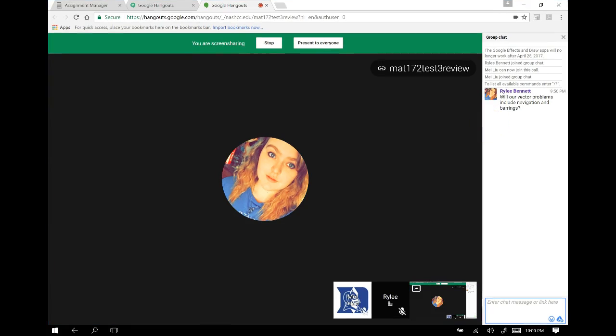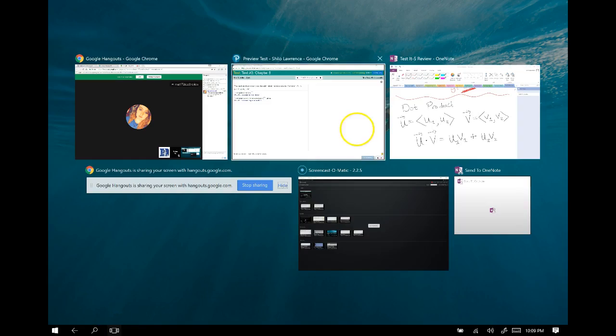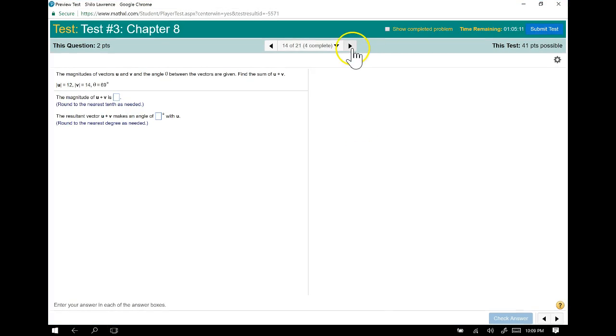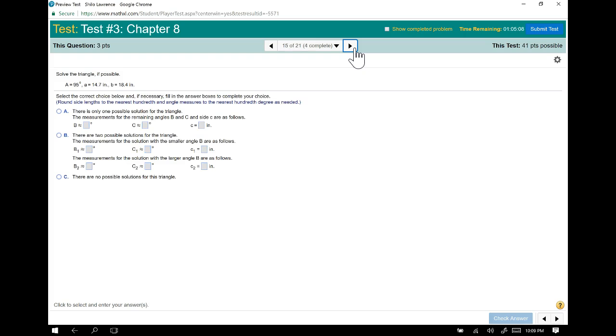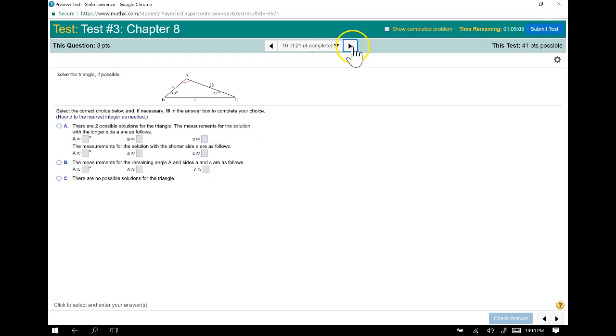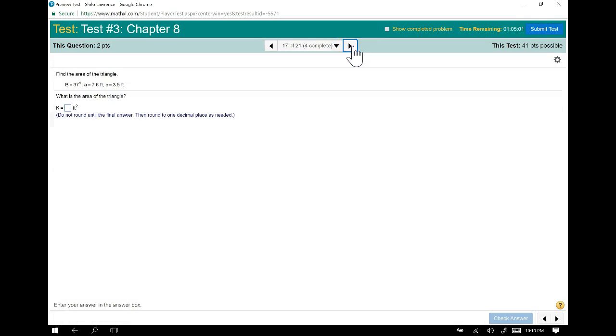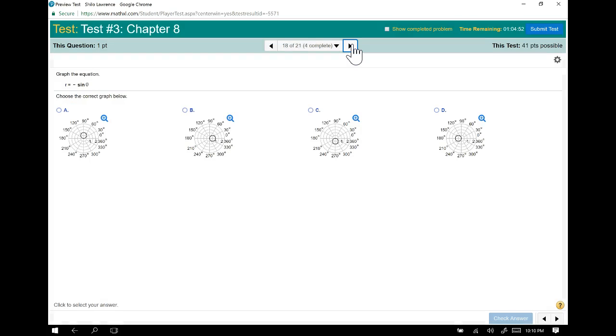I'm sorry, Riley. Will our vector problems include navigation and bearings? Let me look through them really quick. This one does not. This one's just solve a triangle. Find an area. There's an area formula at the end of section 1. This one is graph a polar equation, which you could just easily type into your calculator if you put your calculator in polar mode.